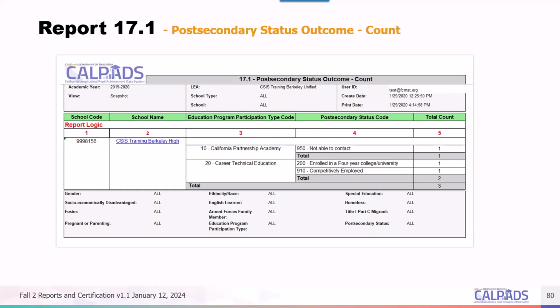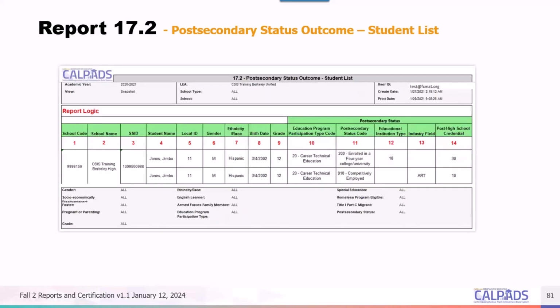If you have just elementary or middle school and elementary, you don't have to report a PSTS record. And so this tells us the outcome count for our CTE completers. And then report 17.2 is the supporting report for 17.1. It lists each student. If a student has multiple outcomes submitted, the student will be listed more than once.